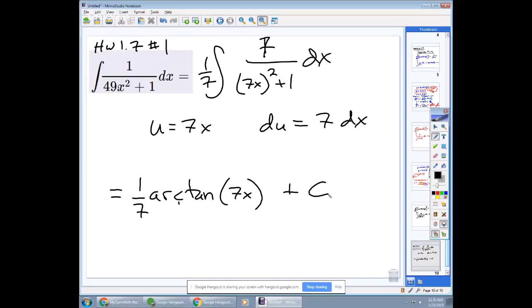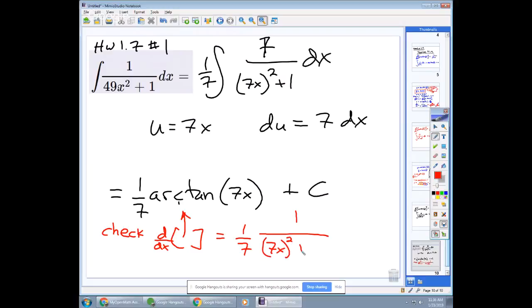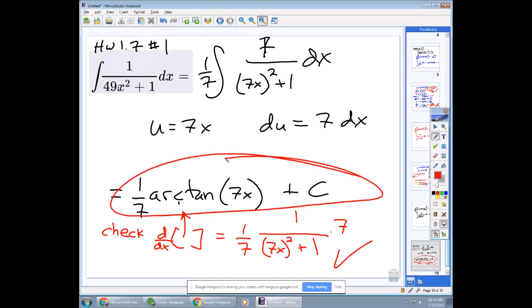So the 1/7 is a constant, it tags along. Derivative of the arctangent is 1 over whatever is inside of it squared, so that would be (7x) squared plus 1. And then the chain rule says multiply by the derivative of the inner function, which is 7, which cancels the 1/7, leaving me with the integrand I started with. So it does check. So I'm happy now. That's my answer.